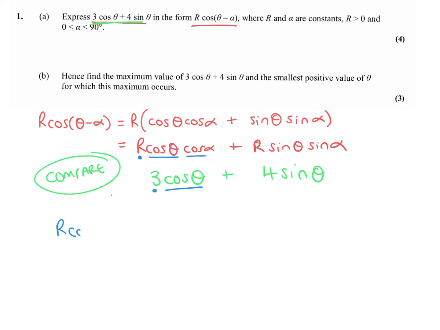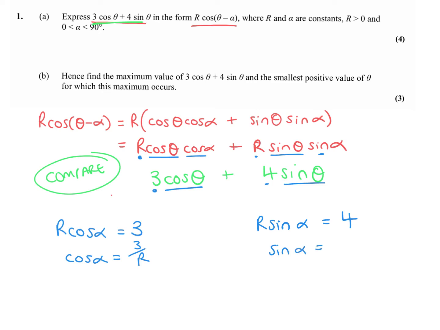So r cos alpha equals 3, or we can write cos alpha equals 3 over r. And if I do the same on the other side, I've got my sine theta already there. So this r sine alpha must be equal to 4, or sine alpha equals 4 over r.